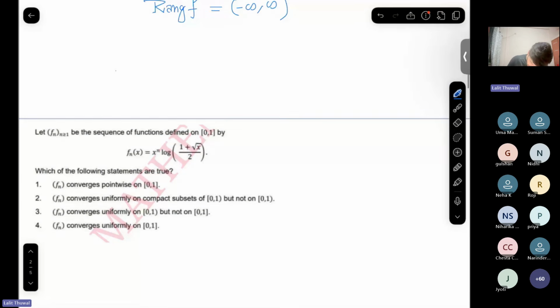See, suppose that f_n(x) equals x to the power n into g(x), where g belongs to the ideal of C[0,1], a continuous function such that g(1) is 0. In this case, this function will converge uniformly to 0.